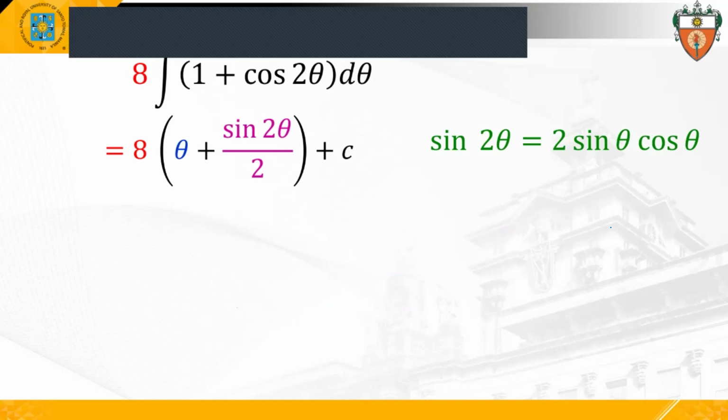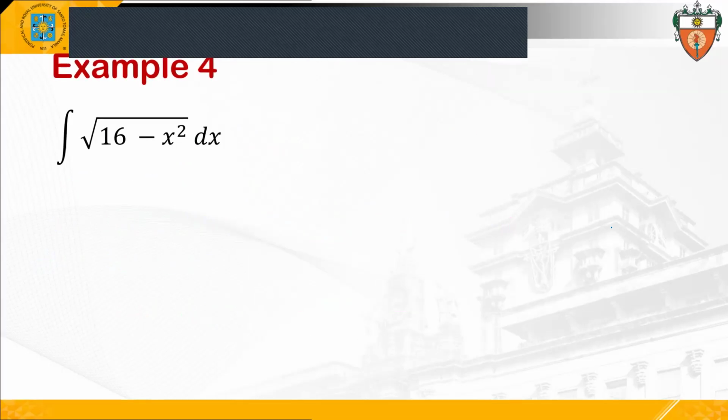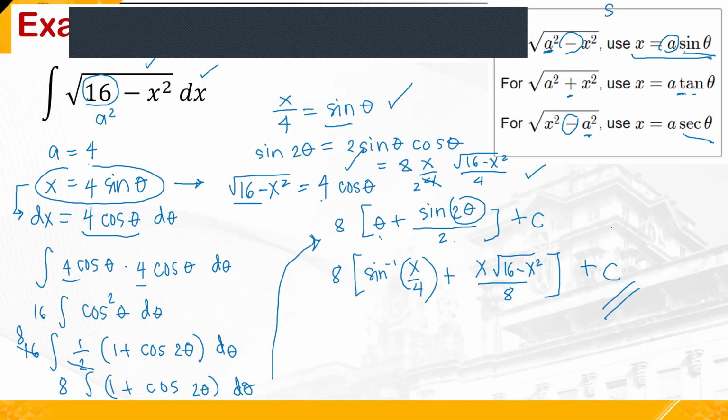Parehas lang po yan nung answer natin a while ago, yung kaninang manual na answer natin. Ayun. Bakit tayo may over 8 dito? Kasi yung 8 natin nasa labas. Ito yung 8. Arc sine of x over 4. Tapos, ayun. Okay.